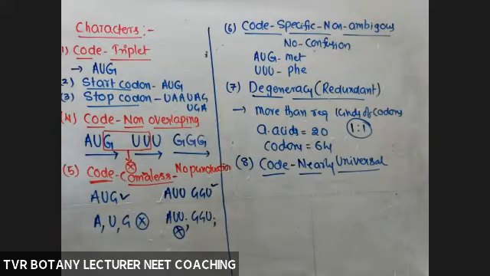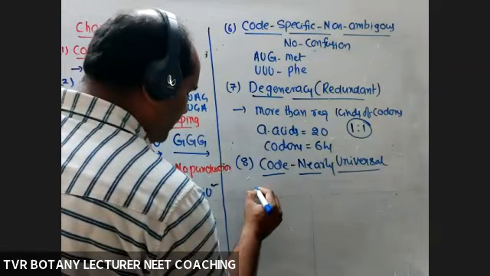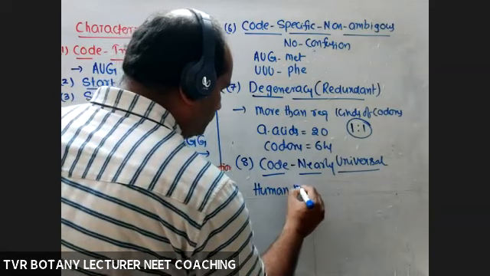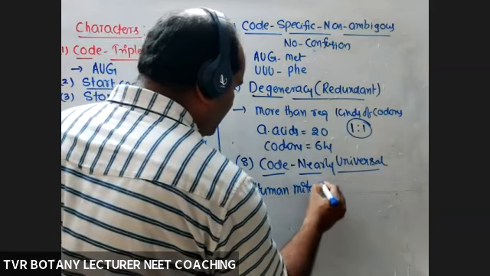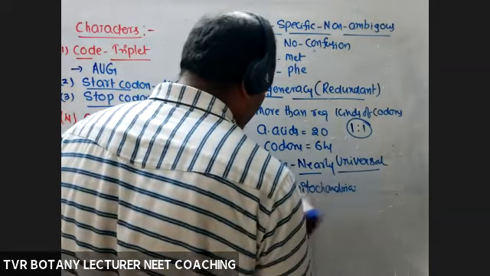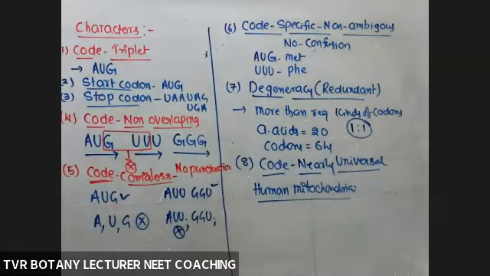Some exemptions are present. Code is nearly universal, not 100% same. Some variations are there. For example, in animal mitochondria, human mitochondria. In mitochondria, sense codons becoming nonsense codon, nonsense codon becoming sense codon.